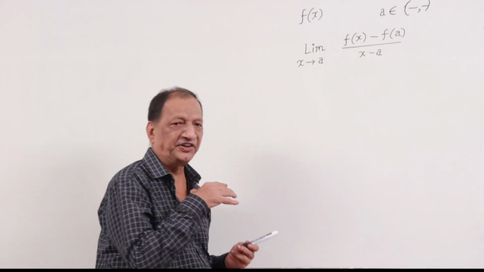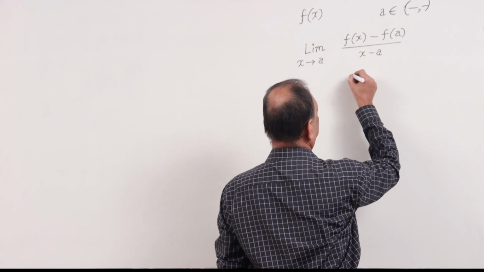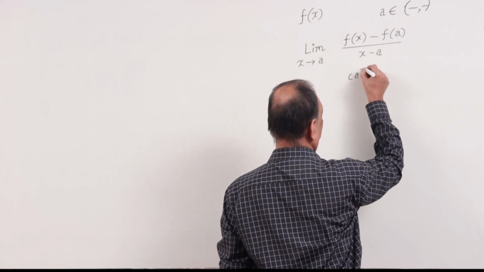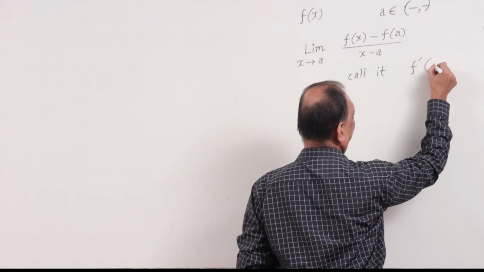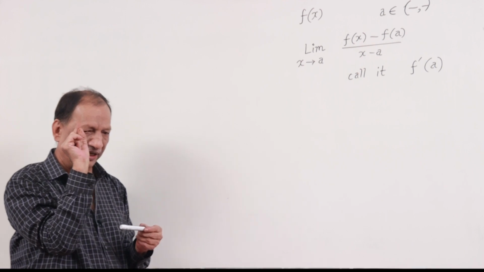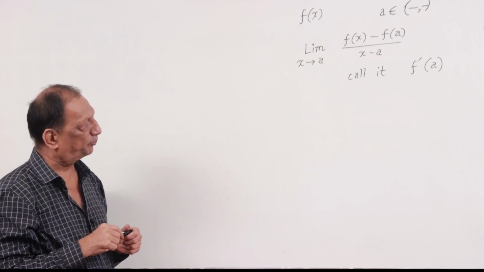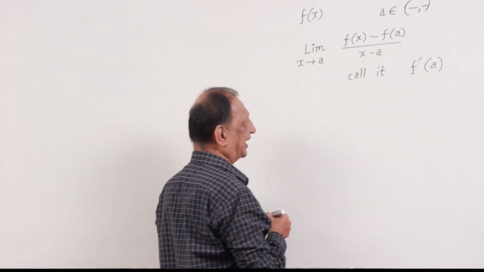Then we call it differentiable at point a, and we denote it as f prime a. f prime, with a single quotation mark, f prime a. f prime denotes what is known as a derivative.